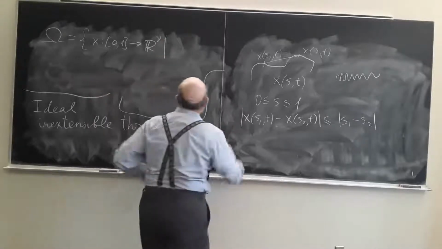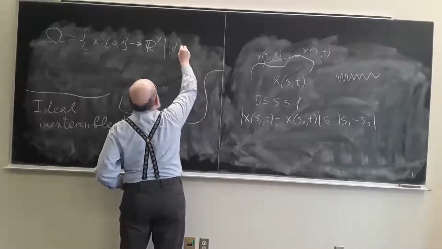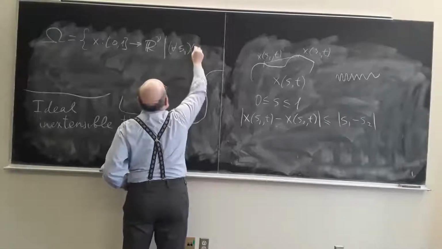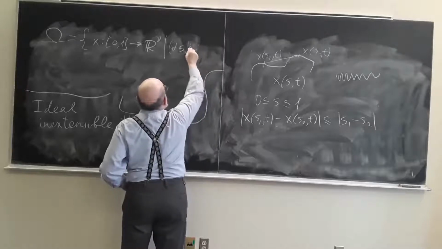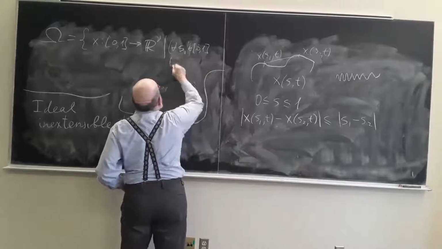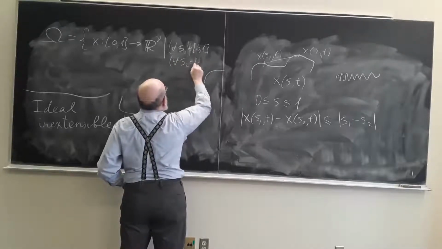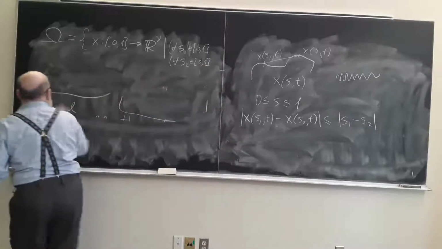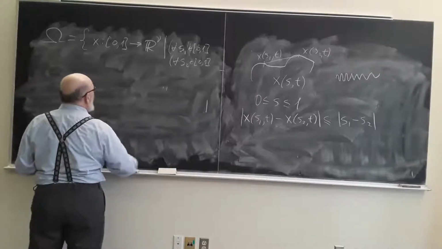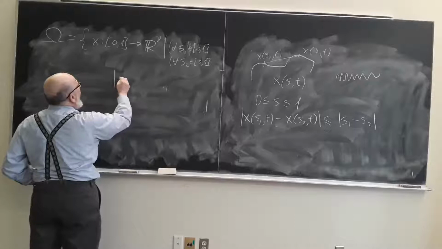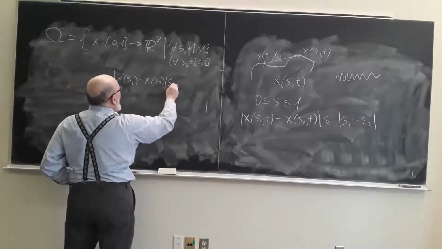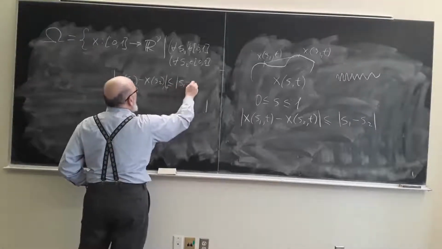such that for any s1 in [0,1] and for any s2 in [0,1] you have the following: the modulus of x of s1 minus x of s2 is less or equal than the modulus of s1 minus s2.